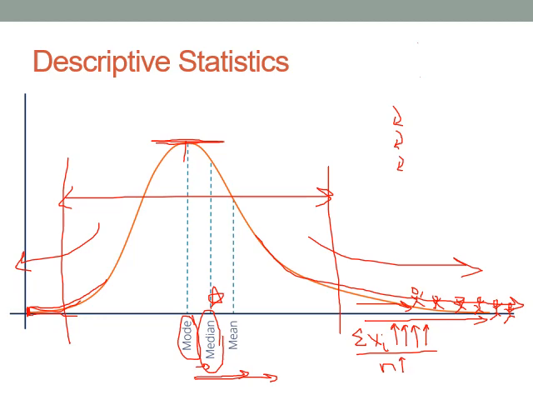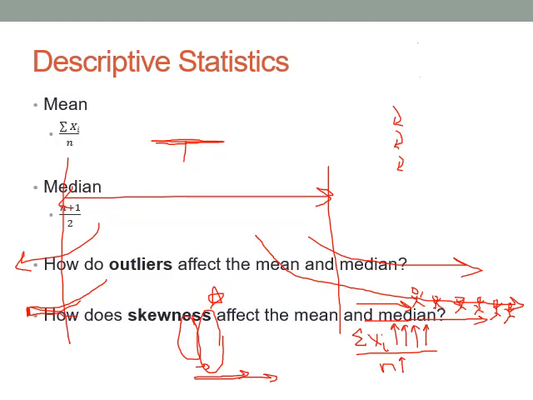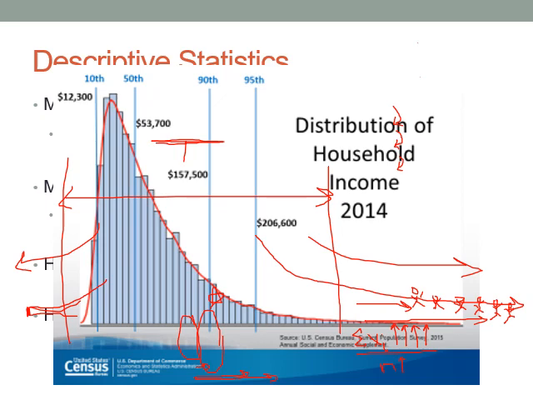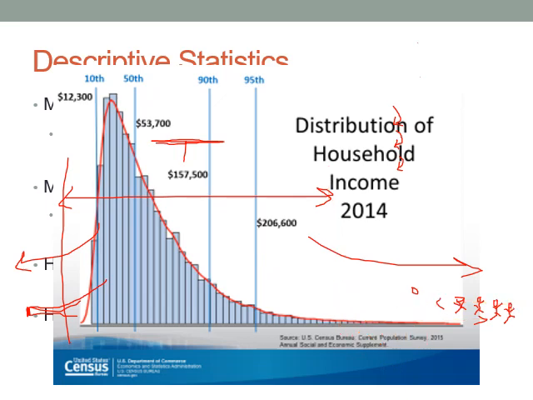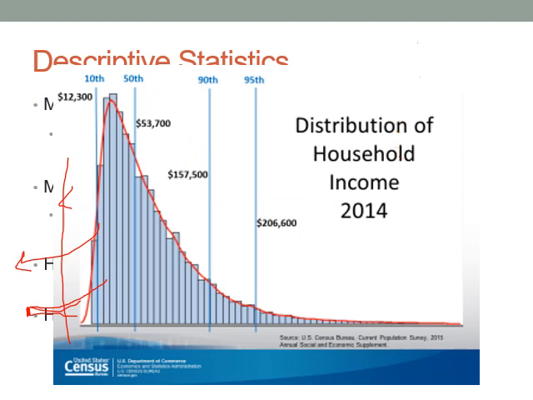One example of this in the real world, where we see this all the time, is talking about income. Here the census has provided this graphic showing household income as of 2015 for people living in the United States.